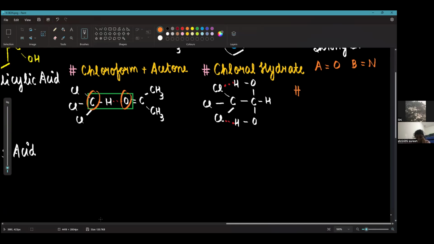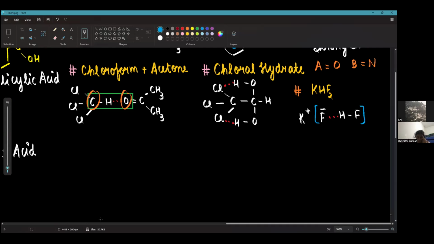Now they say that the strongest hydrogen bond is seen in KHF2. So how does this look like? It will be K plus, F minus, and there will be a hydrogen bond over here, like this. So what are the different types of bonds present over here? The bond between K plus and F minus will be an ionic bond. तो वो मैं लिख देता हूँ.